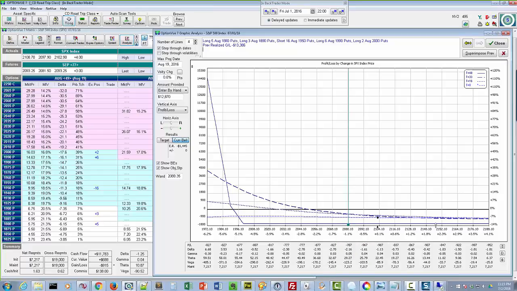Remember that when you do the reverse Harvey on both sides, you're giving up a little profit potential on the debit side of the butter, and you're giving up some of the credit that you've already received on the credit side of the butter. So that's the main reason you don't want to do it too soon, because you are taking the cookies out of the cookie jar maybe a little too soon.